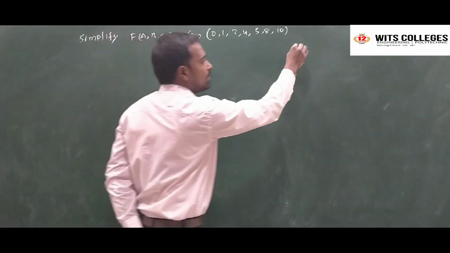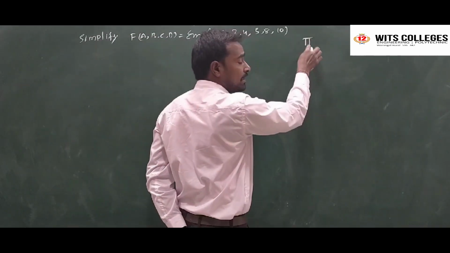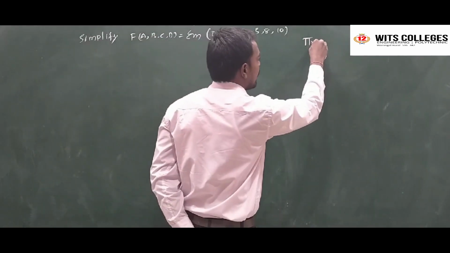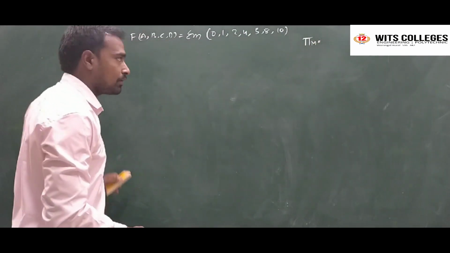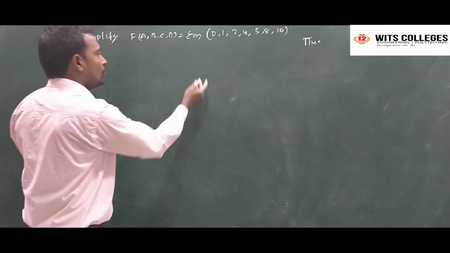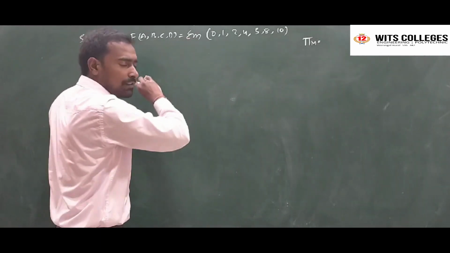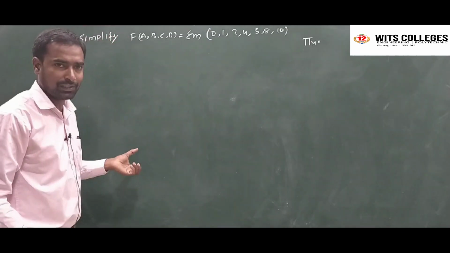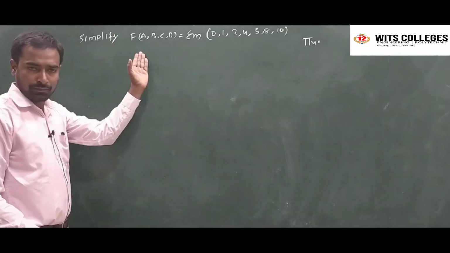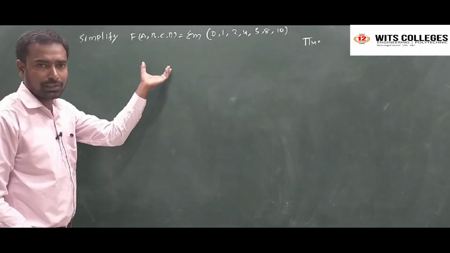And if the given function is in the pi capital M, then this will be in the form of product of sum. So we have to find the simplified Boolean expression for the 4 variable f of a comma b comma c comma d.